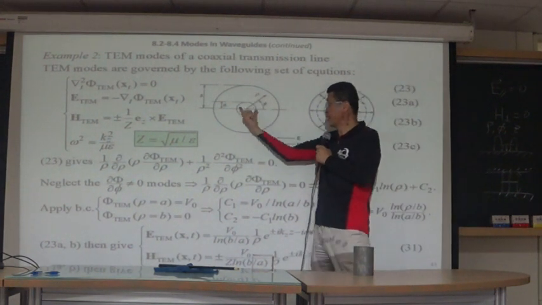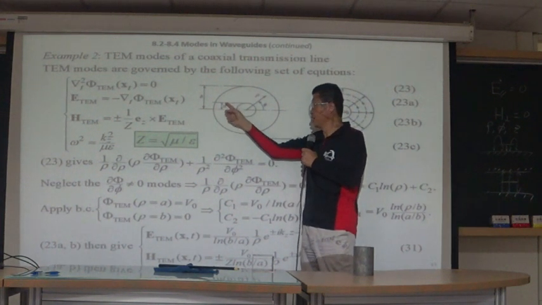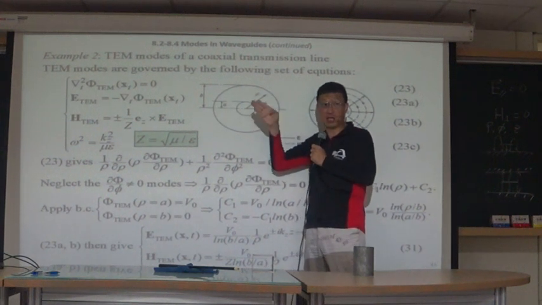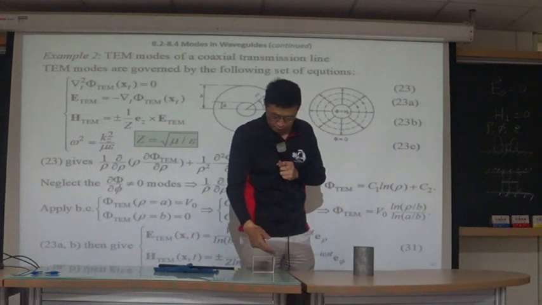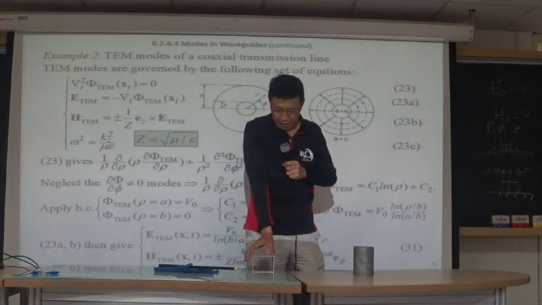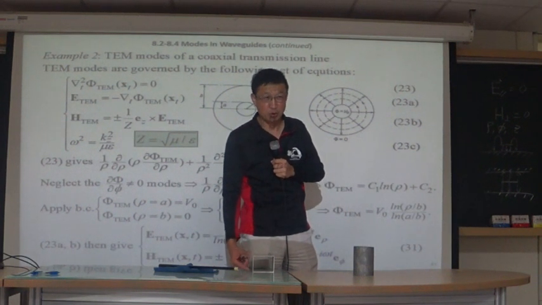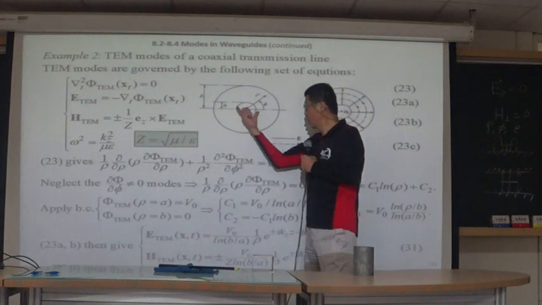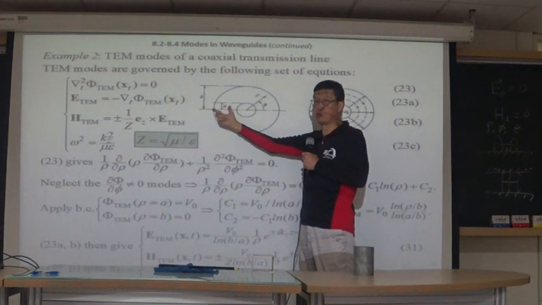And for the inner conductor, we normally use a as the radius. For the outer conductor, we use b as the radius. Unlike this one, where we use this one as a and this one as b. People always use this notation. So the inner conductor has radius a, the outer conductor has radius b.